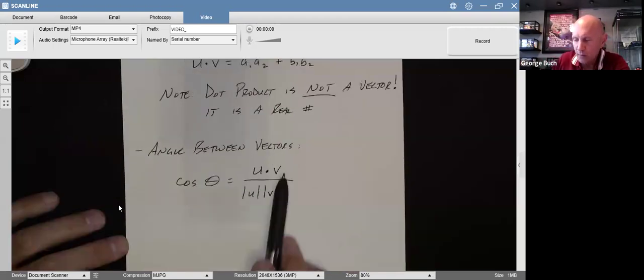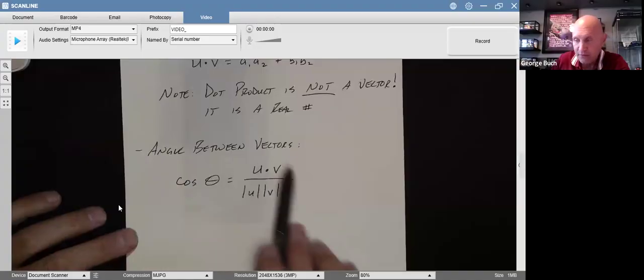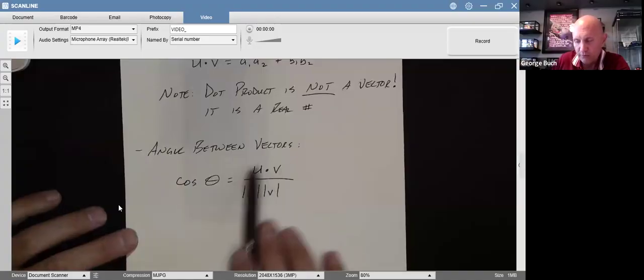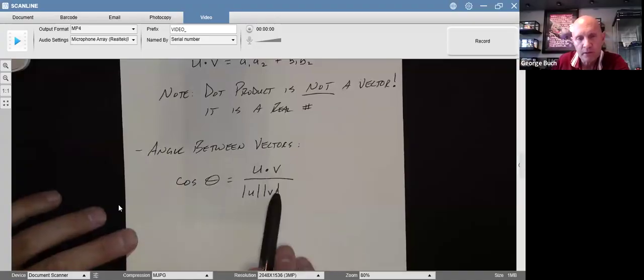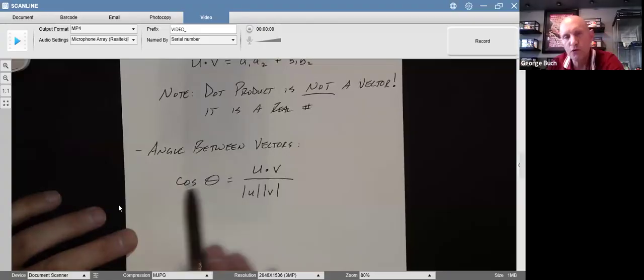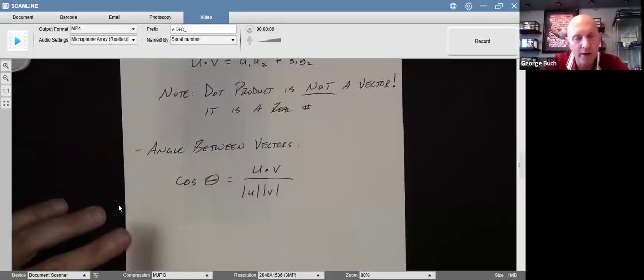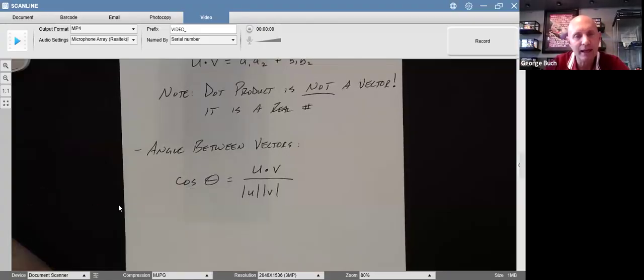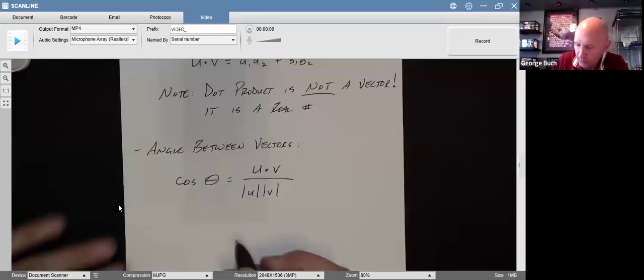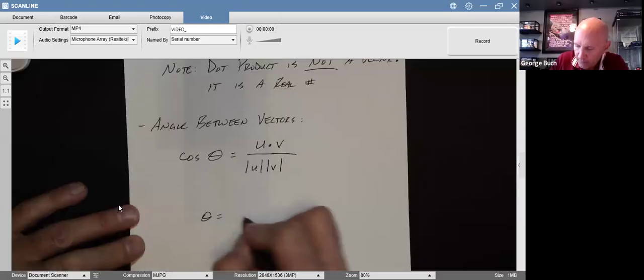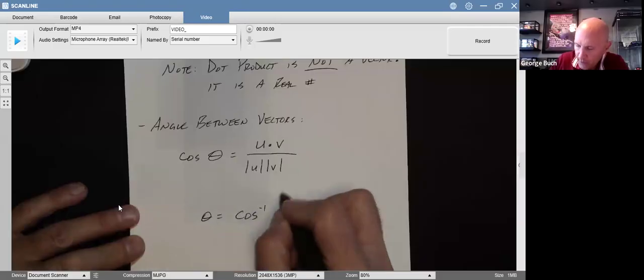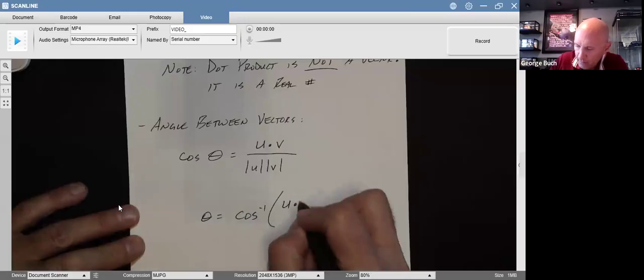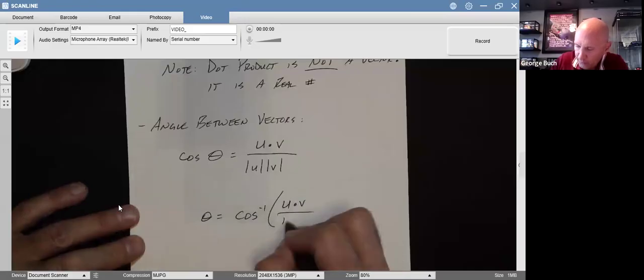So once I get a number here, that doesn't mean that's the angle. Cosine of theta is that number. So I would have to do what? I would have to do cosine inverse of whatever number that is to get the actual theta. So if you want to write that down so you don't forget, theta is actually cosine inverse of u dot v over the product of the magnitudes of u and v.